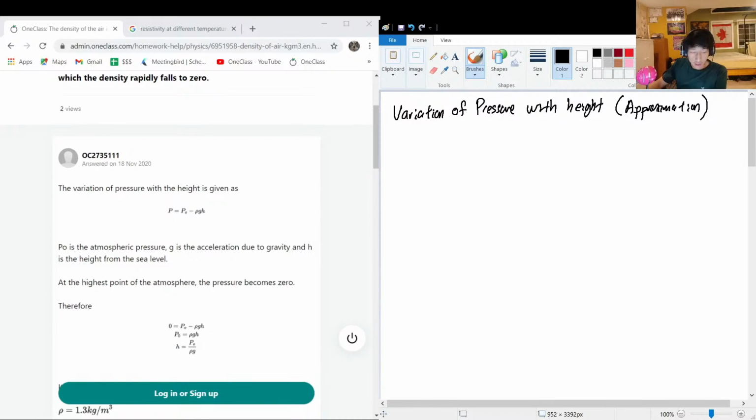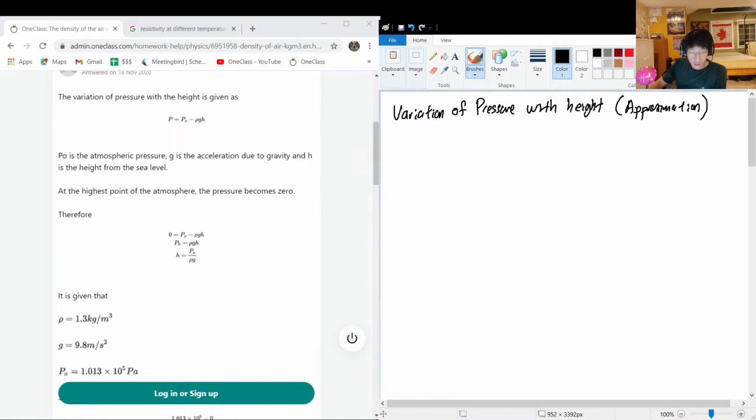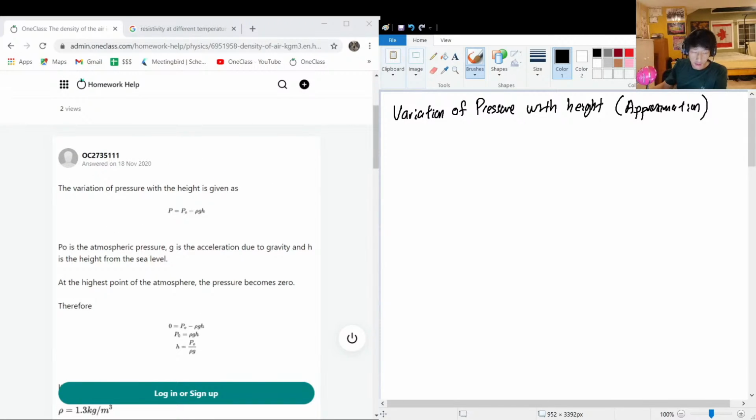Given this equation, we have P as the density, so the pressure is going to be like this. Final pressure is equal to initial pressure, subtract the P for density.